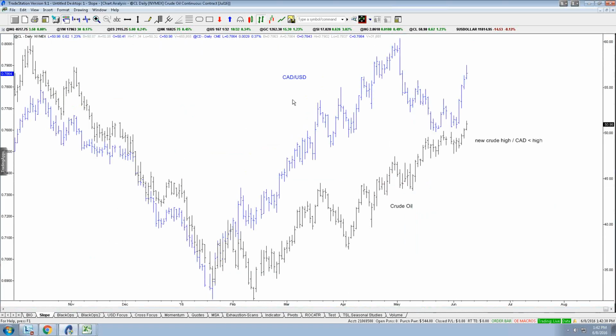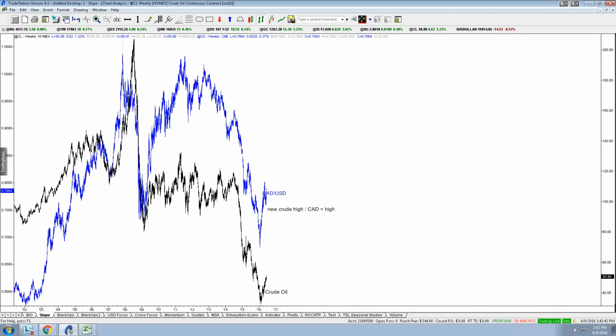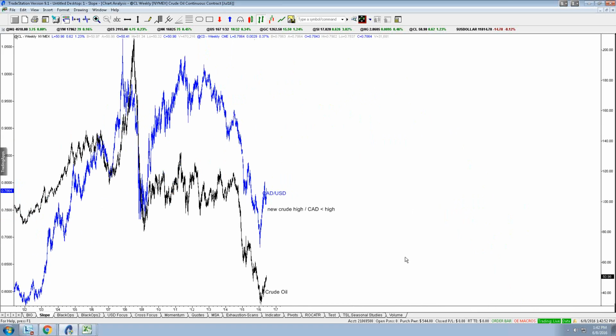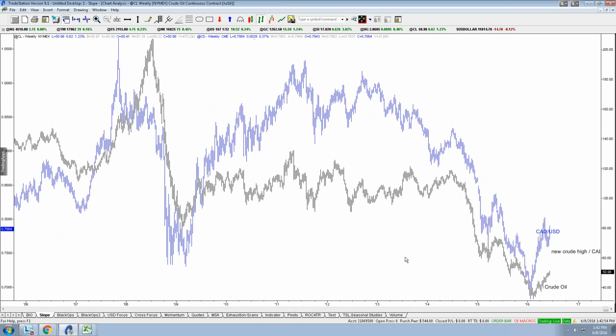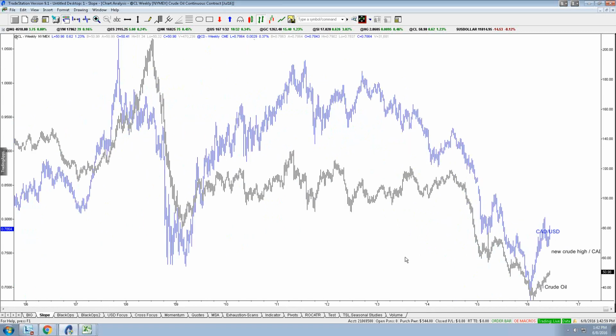crude oil CAD deal, right? Okay. Here's a weekly chart. All right, so you're going to tell me that this correlation that's gone on forever is all of a sudden breaking down? I don't think so, right?